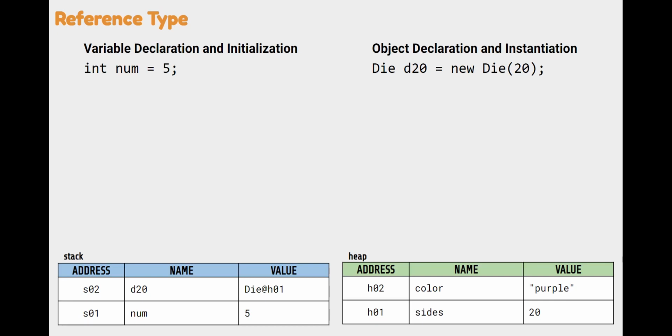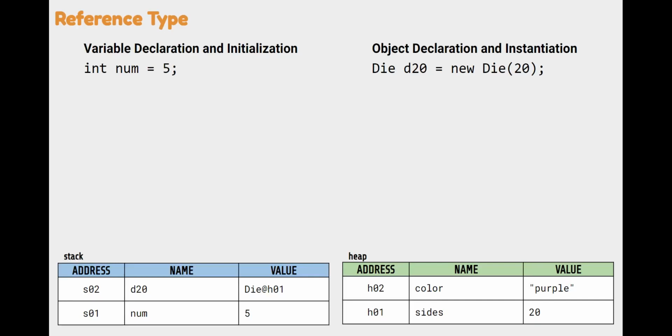When we look at our object declaration and instantiation statement, we are declaring an object of type die, and we are giving it the name D20. So if we look down in our stack memory, we see D20 in our stack memory. We are calling that die's constructor and passing in the actual parameter of 20. It's going to take that 20 and the constructor will then initialize the member variables.